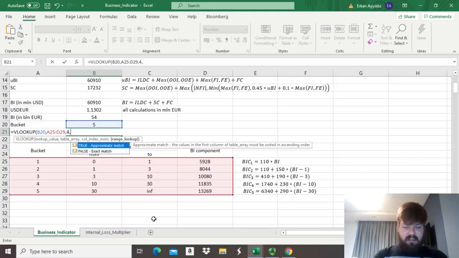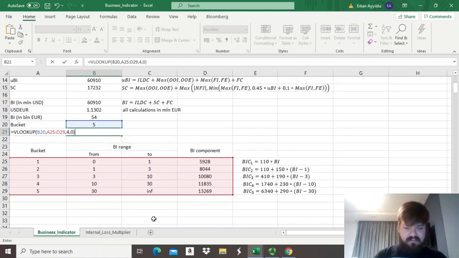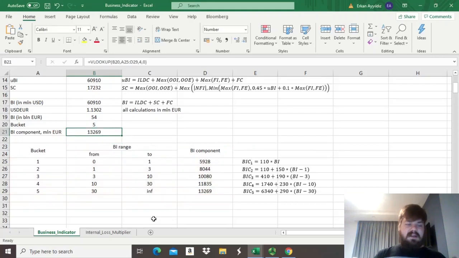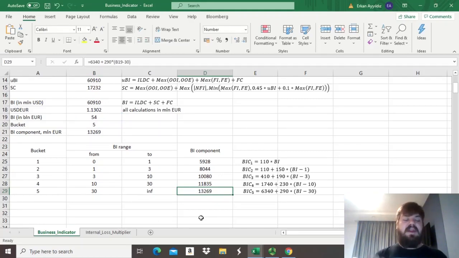And we want a precise match. We want it from the fifth bucket, not one less, not one more. So just put 0, exact match, close the bracket, and see that our business indicator component is indeed 13,269 million euros. So slightly above 13 billion euros, actually.